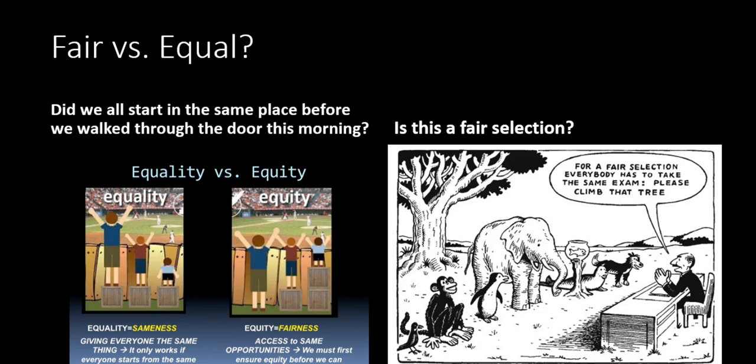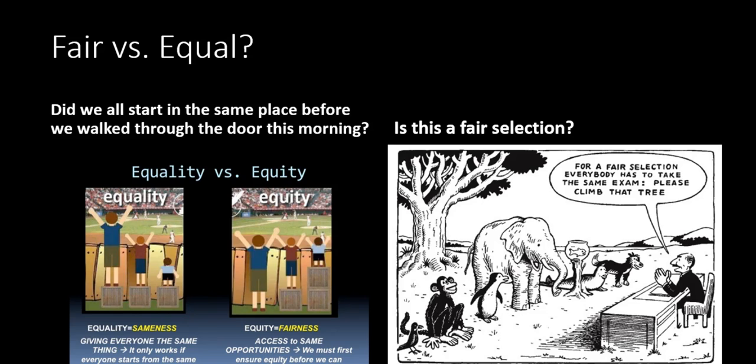We had this little video that gives examples of different types of differentiation, and had the participants watch. And then we started talking about fair versus equal, again really focusing on the need for differentiation. So here we see equality versus equity. Equality is sameness, so we can give everybody the exact same thing, but they're not going to be able to access the curriculum as well.